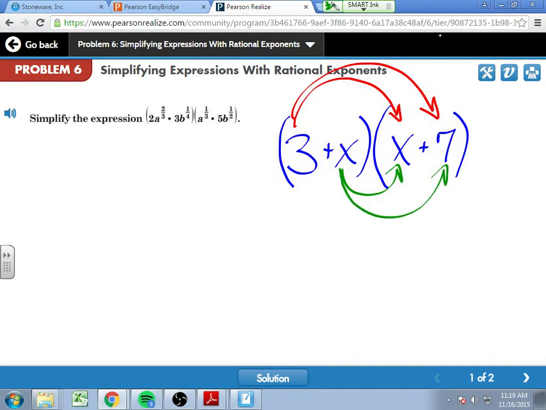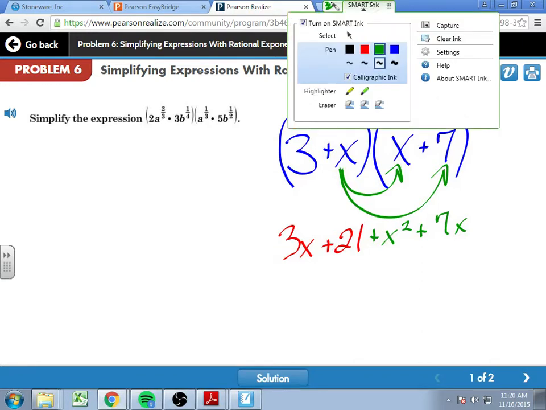First, 3 times x. Outside, 3 times 7. Inside, x times x. Last, x times 7. So we get 3x plus 21, and then we get x squared plus 7x. And then we combine like terms and simplify. That's FOIL.